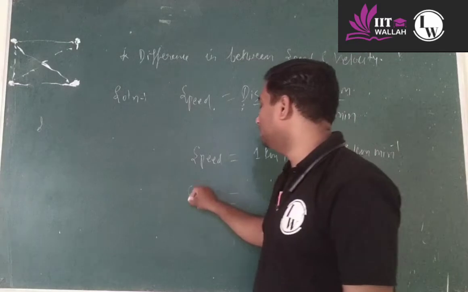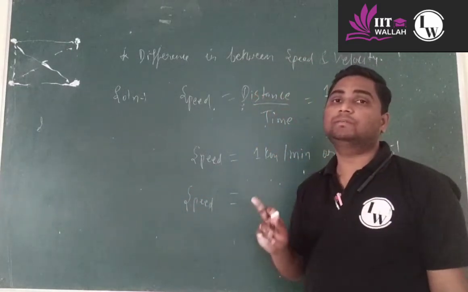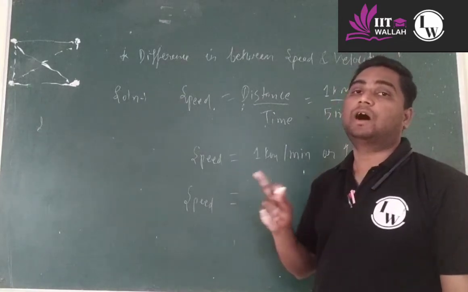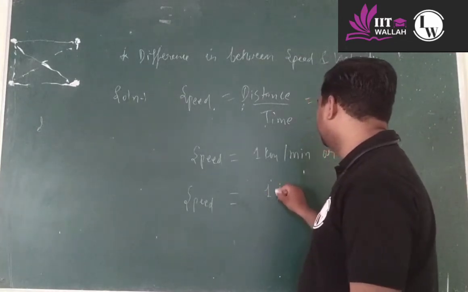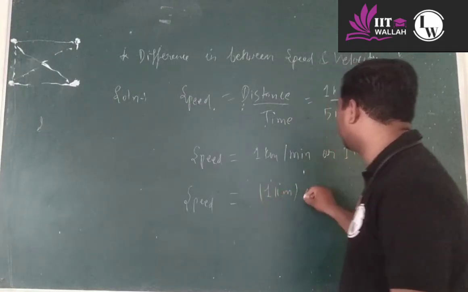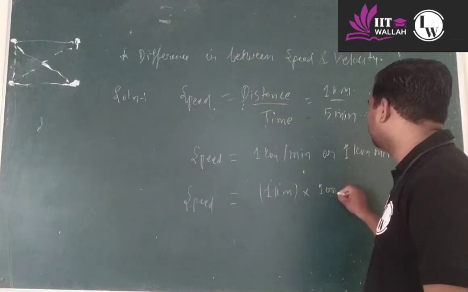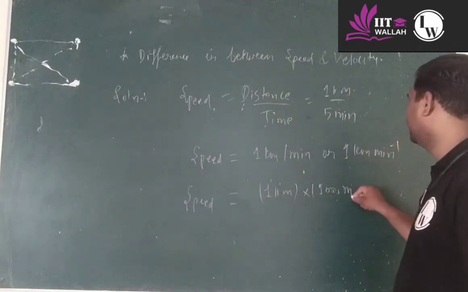So speed in meter per second will be: 1 kilometer is equal to how much meter? 1000. So you will write 1 kilometer multiplied by 1000, so this 1 kilometer is converted into meter.